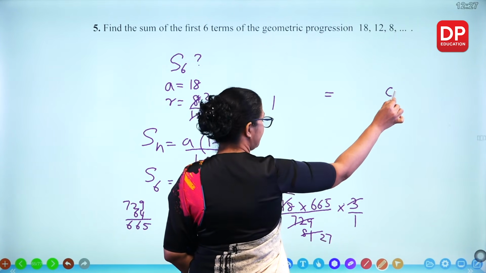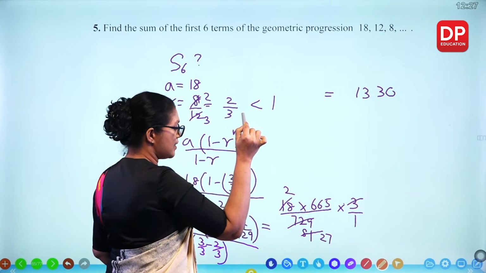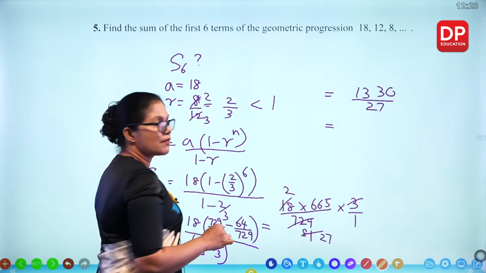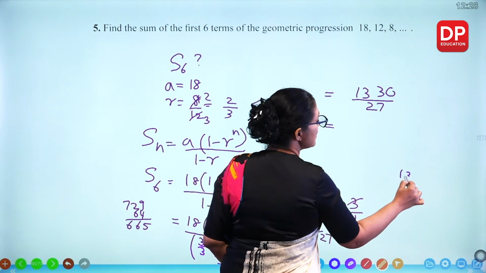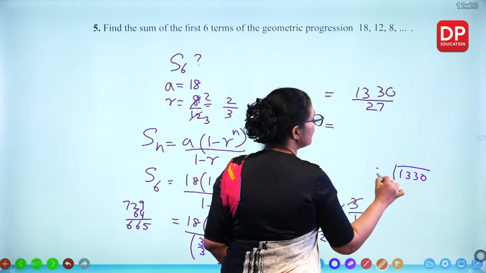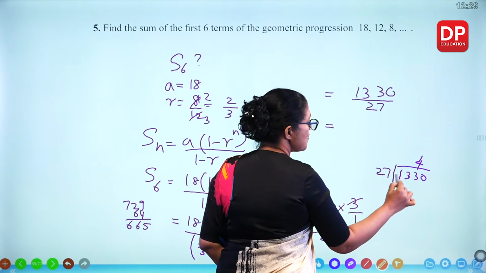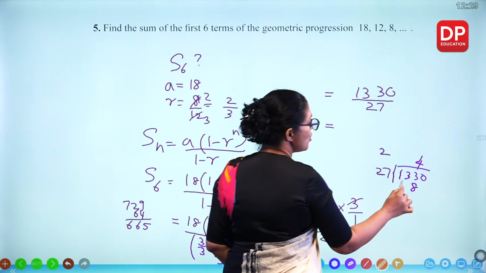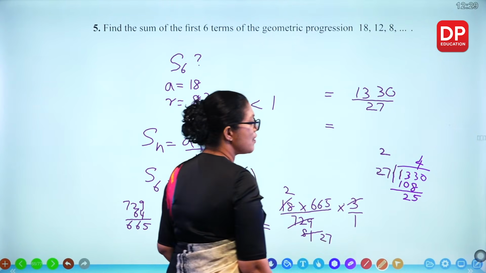What's the answer? 1330 divide by 27. 1330 divided by 27. 27 times 4. 4 times 7, 28. 4 times 2, 8 plus 2, 10. 25 remaining.